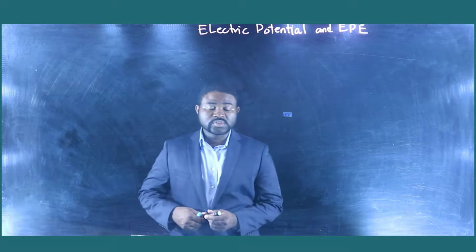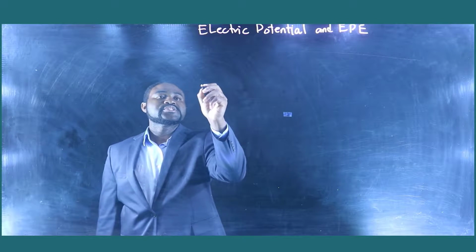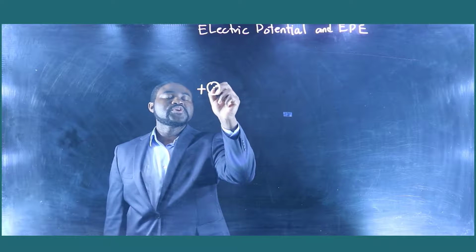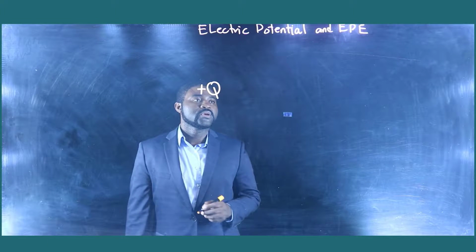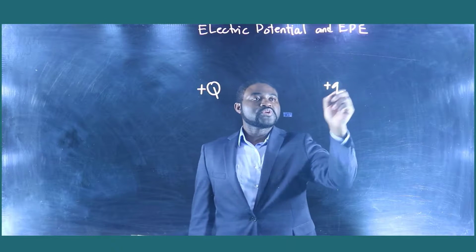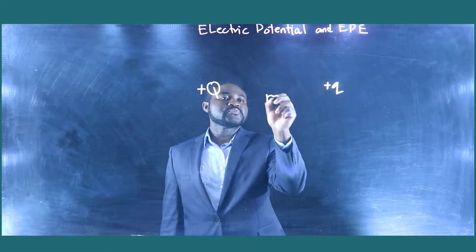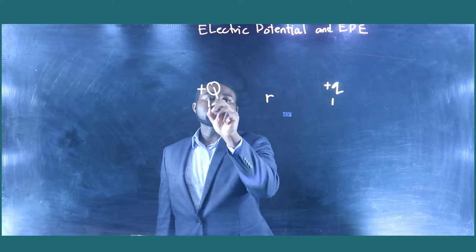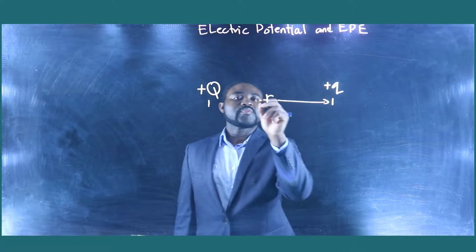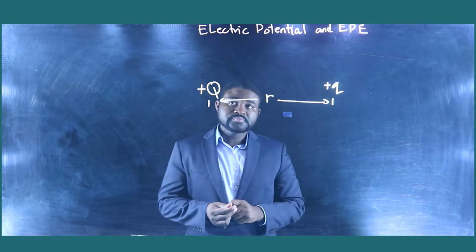But first, we need to answer the question, what is electric potential? For me to answer that question, let's assume that we have a charge, positive Q, and we have another charge, small q. Charge 1 is separated from charge 2 by a distance r. What do we expect?